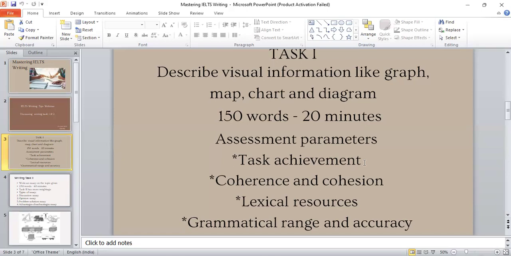So you can compare two information. For example, if the graph given there is about student participation of different classes in different sports activities. Let's take if there is cricket, soccer, and basketball from 8th standard to 10th standard students. You have to analyze the graph and key features should be explained there.